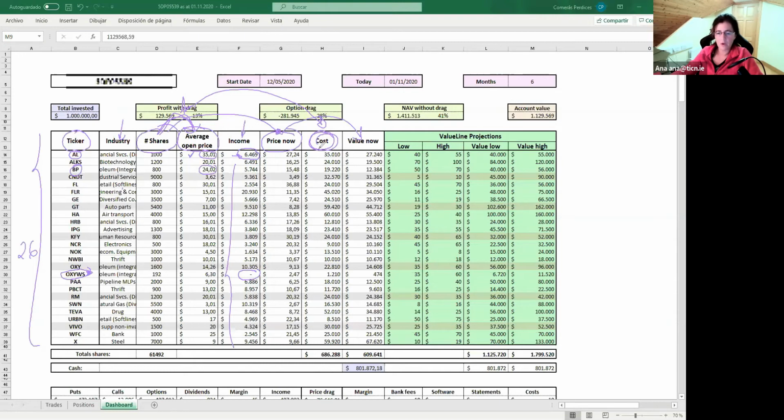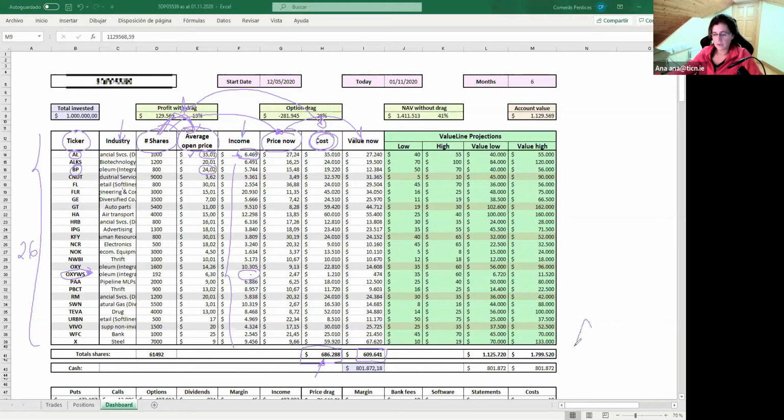The value now. When we add everything together, we have here the money that we have invested in buying the shares. And under the column that says value, we have the price of the shares as of the photograph taken today. What can we see? That we have invested 686,288 in buying shares, and today the price has gone down.